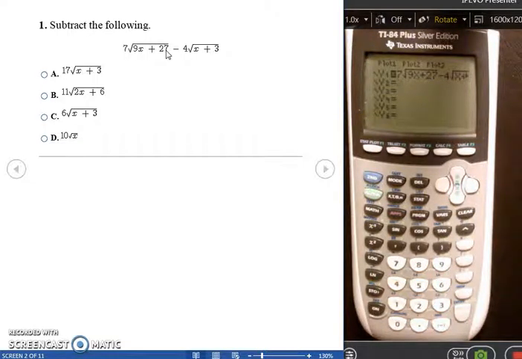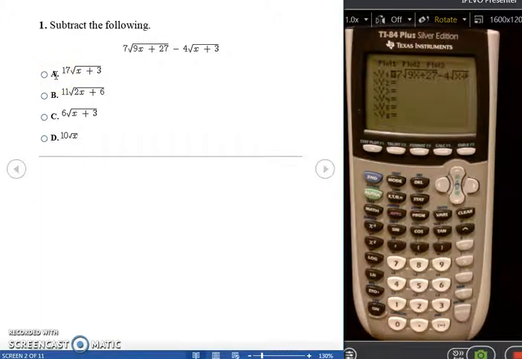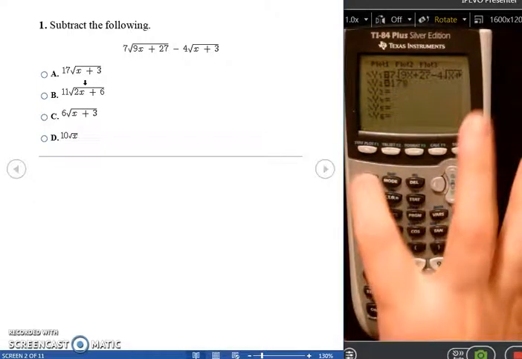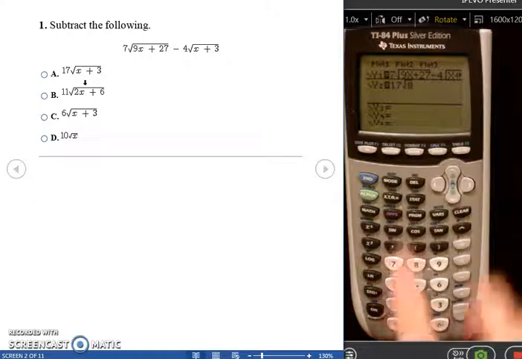Now I'm going to type in each answer one at a time and graph them to see which graph is the same. I'm going to start with letter A. So I'm going to type 17 second square root x plus 3.